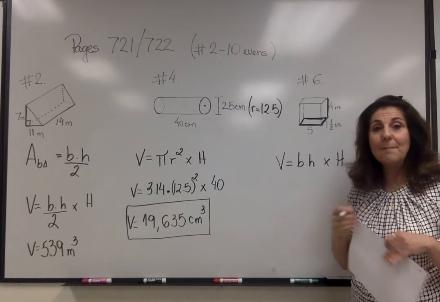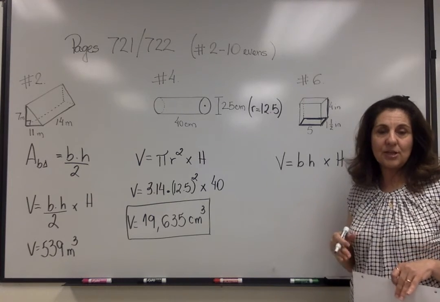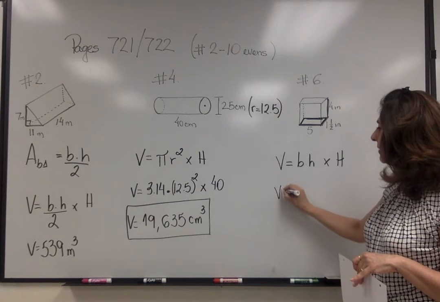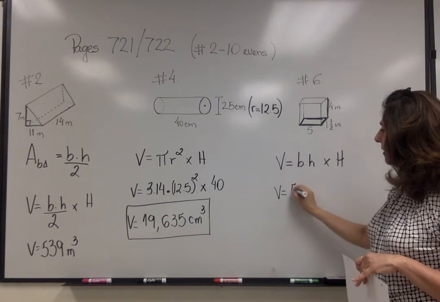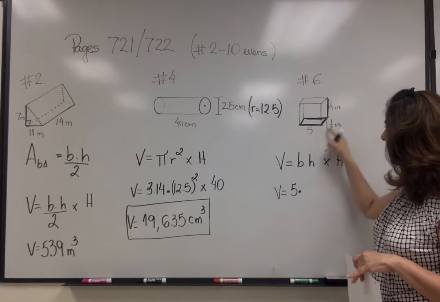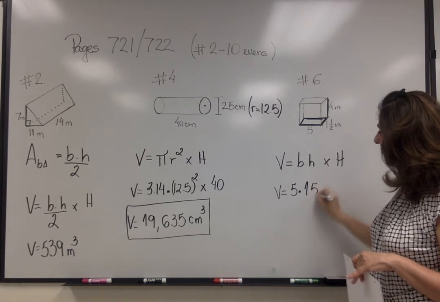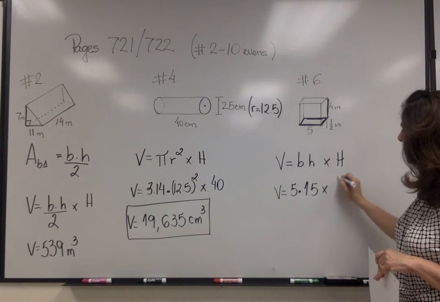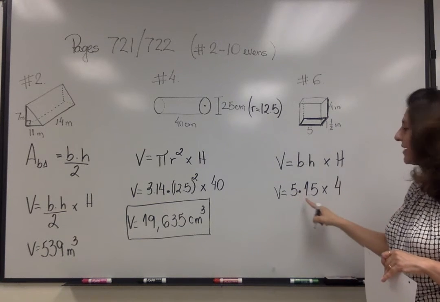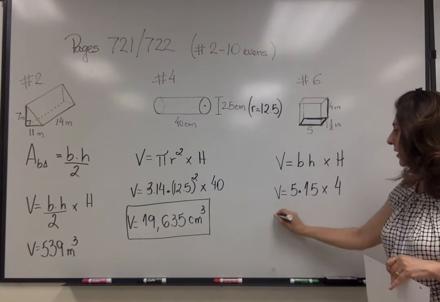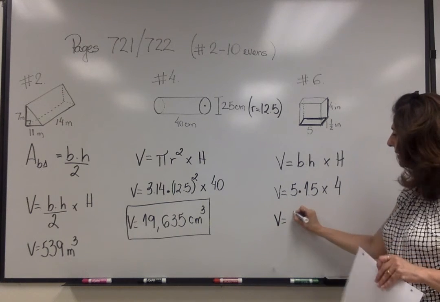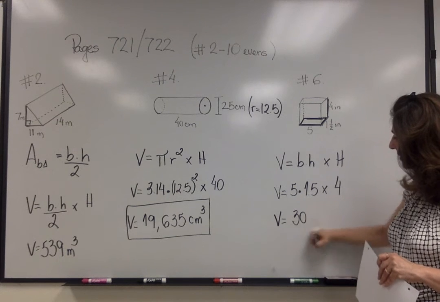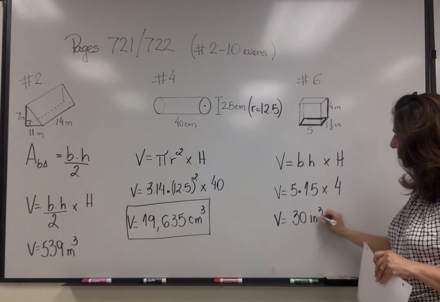So this way you don't miss any information. All the information is right there for you. So the volume here is base 5 times the height, which is 1.5, times the height, which is 4. So 5 times 1.5 times 4. So the volume is going to be 30 inches cubed.